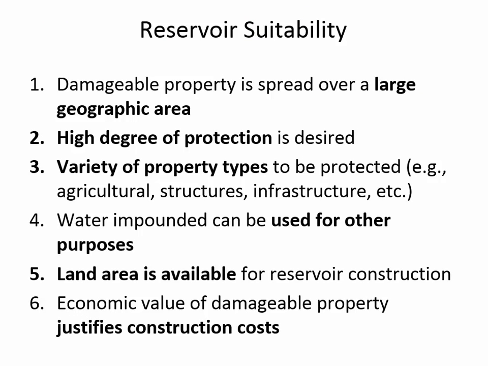And so it's spread over a large geographic area. That's when you'd want to use a reservoir. If you want a lot of protection, there's a variety of property types and so on. I won't read through the list, but I'll point out some of the differences compared to the reservoir when we look at other structural measures in the following slides.